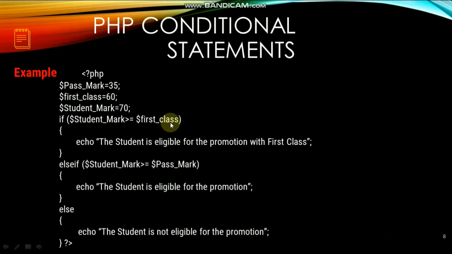Yes, the condition is true. So the first true part will be executed. So print, that is echo, my output will be displayed as the student is eligible for promotion with the first class. That's all. The rest of the code will not be executed.